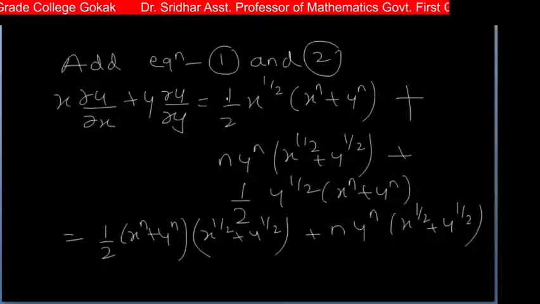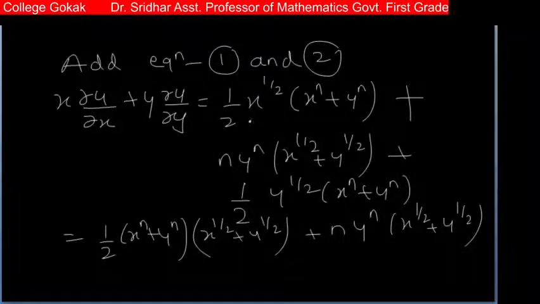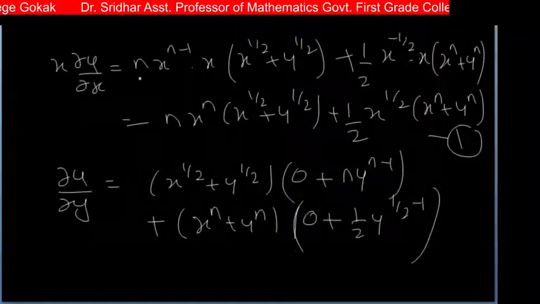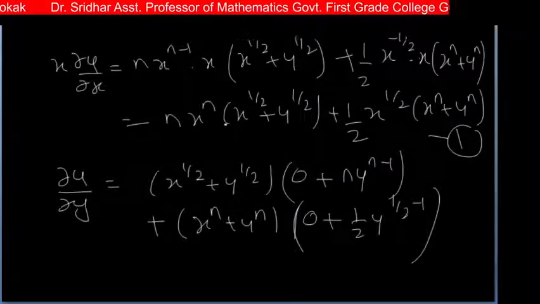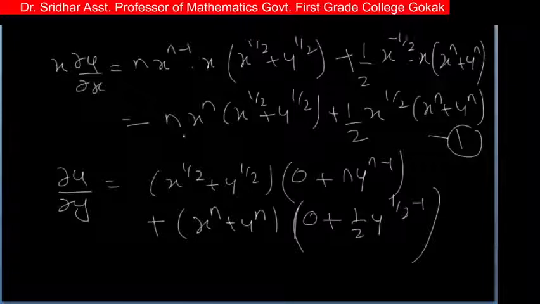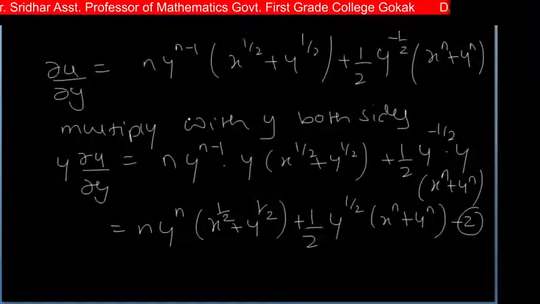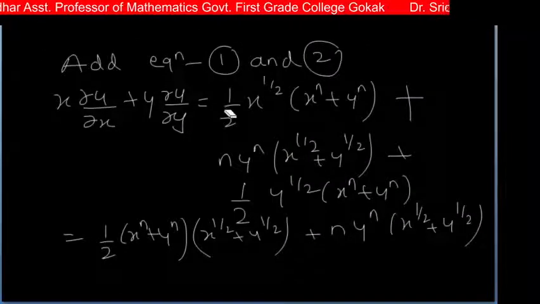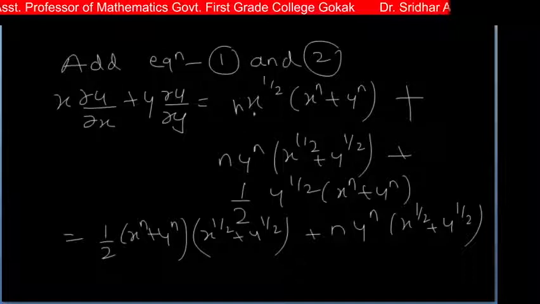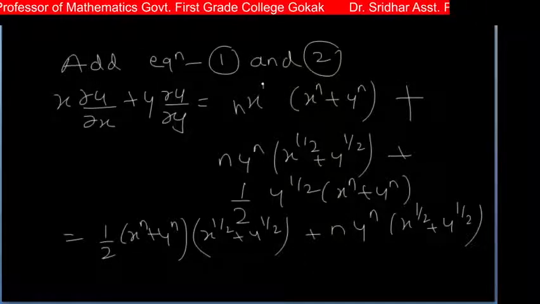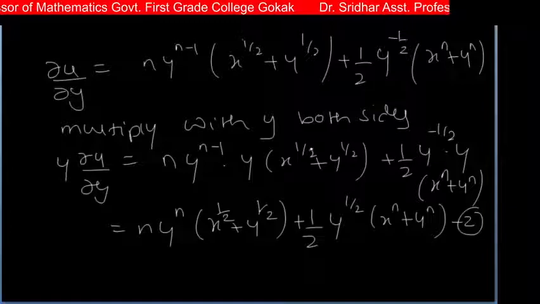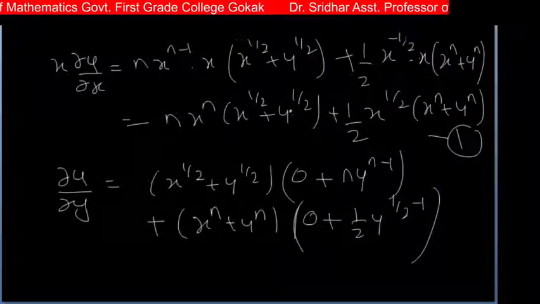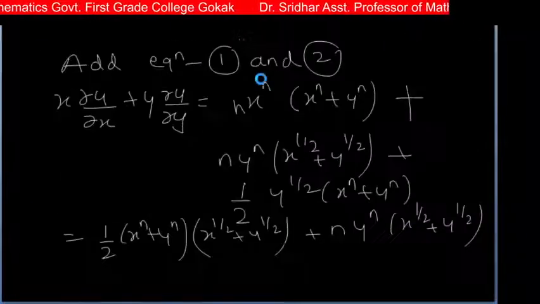So here we will get x dou u by dou x is equal to x dou u by dou x. Here we should take n into x raised to n into x raised to 1 by 2 plus y raised to 1 by 2.